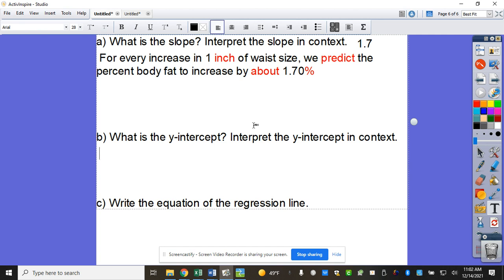What is the y-intercept in this problem? Oh wait, I didn't finish this one. This should actually finish with what?